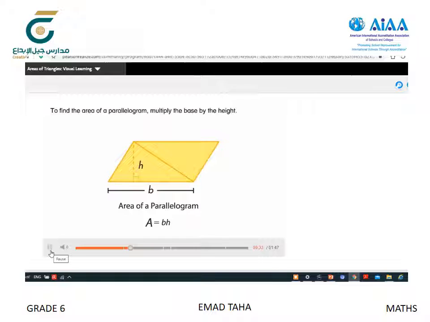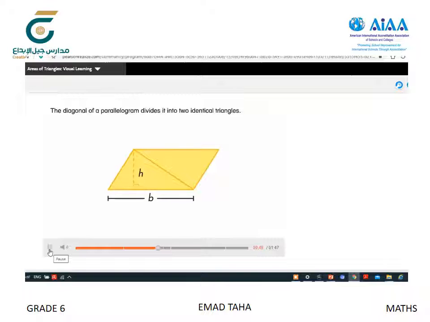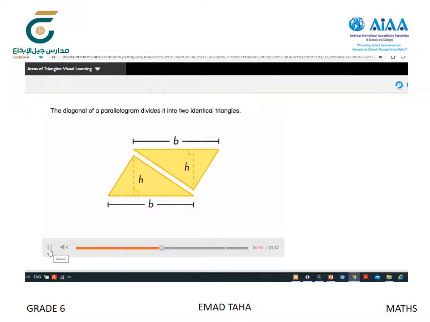To find the area of a parallelogram, multiply the base by the height. Reason abstractly and quantitatively to find how the areas of parallelograms and triangles are related. The diagonal of a parallelogram divides it into two identical triangles.